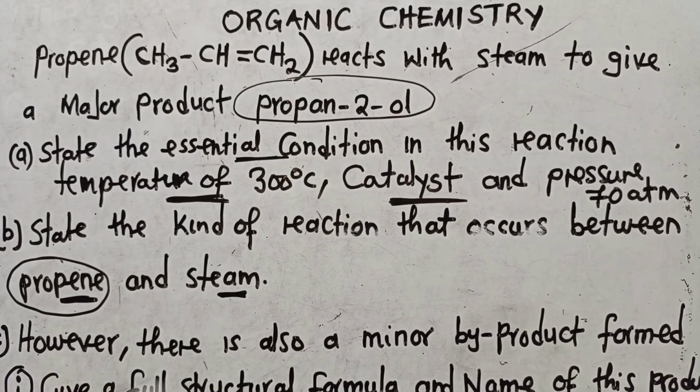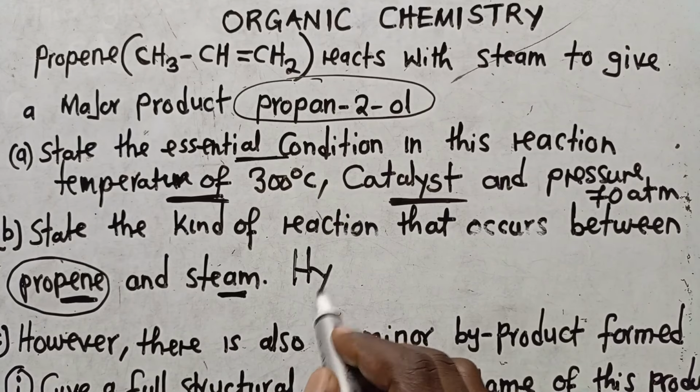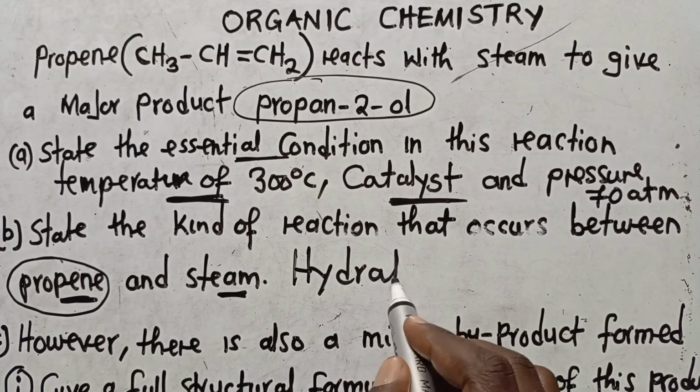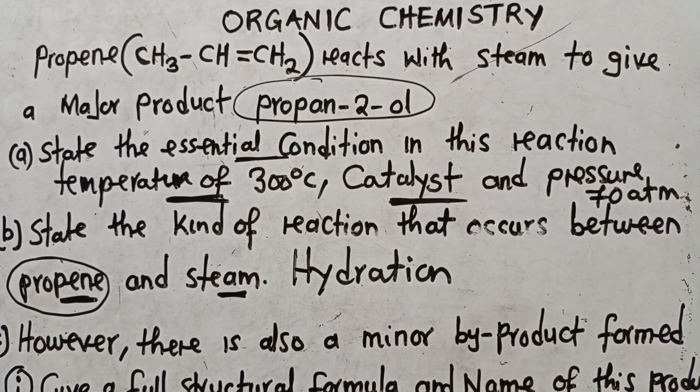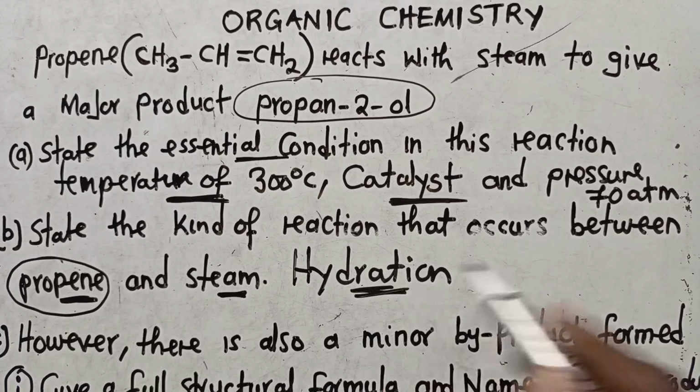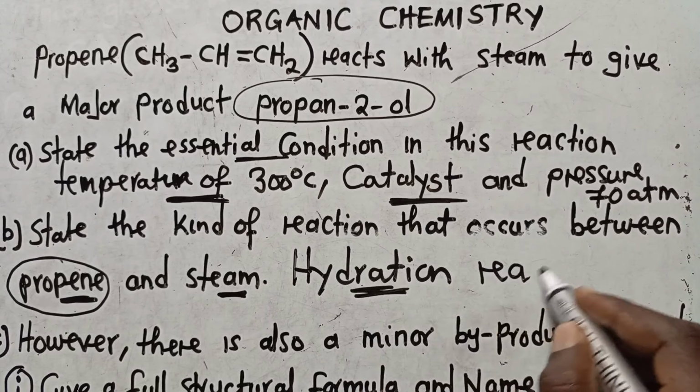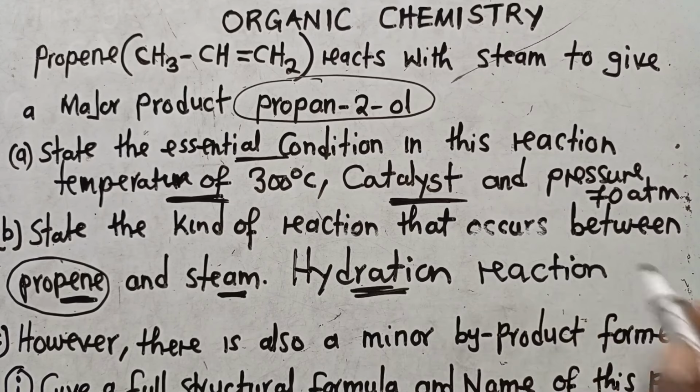That process is called hydration, because we want to add steam to an alkene. So the type of reaction is called a hydration reaction. This is what you need to know and understand.